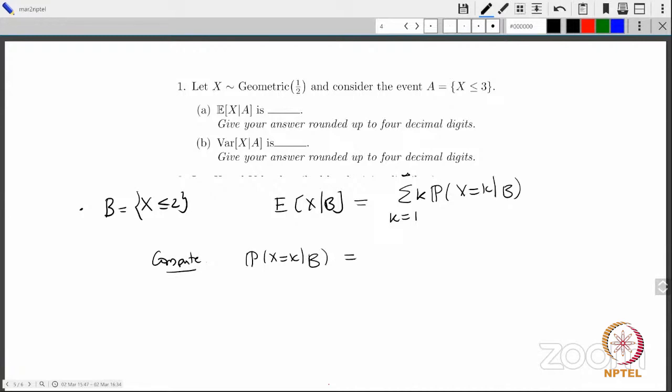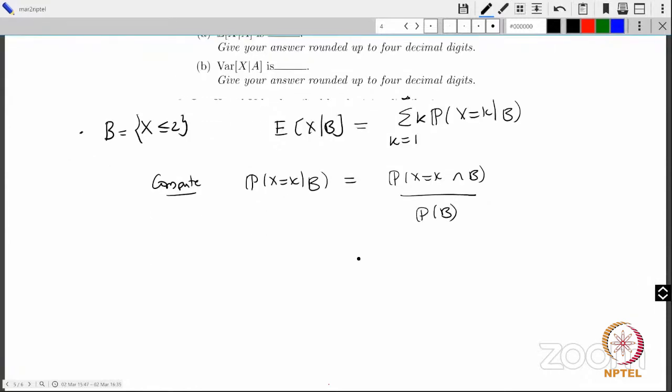What is that? That's the same as the probability of x equal to k and B divided by the probability of B, by the conditional probability definition. That's equal to the probability x equal to k and x less than or equal to 2, divided by the probability x less than or equal to 2. So let me compute the bottom part first. The probability x less than or equal to 2, how do you calculate it?